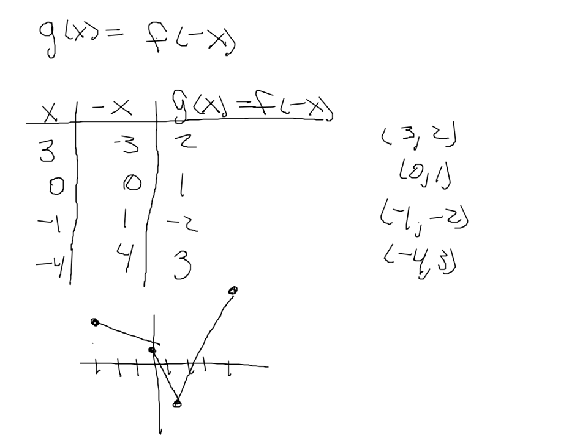Then I'm going to graph the new one with these points. So 3, 2, 0, 1. That stays. -1, -2, and -4, 3. Whoops. Down here, up, then over.